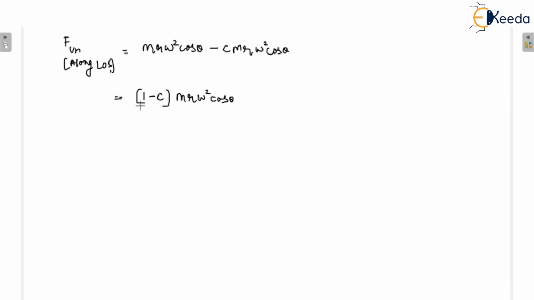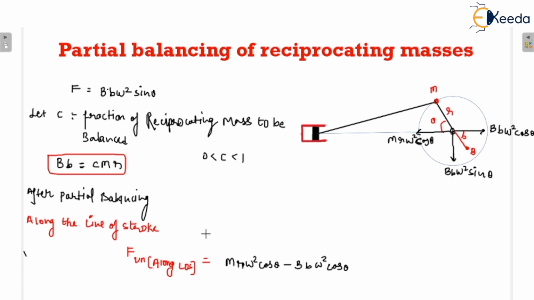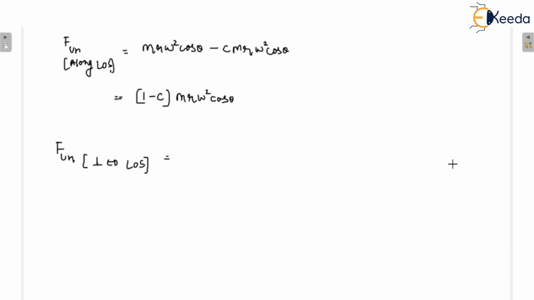So that would be the unbalanced force along the line of stroke. Now what would be the unbalanced force perpendicular to the line of stroke? Perpendicular to the line of stroke, there is only one force acting, that is B b omega square sine theta.